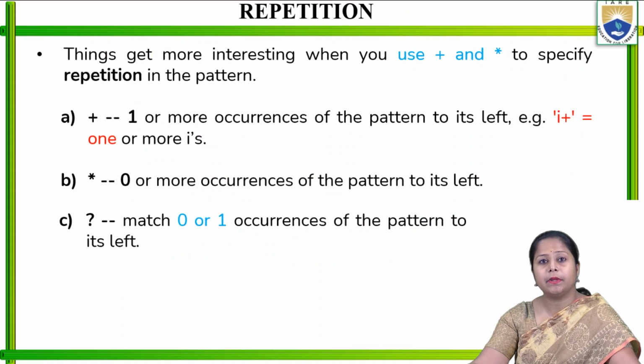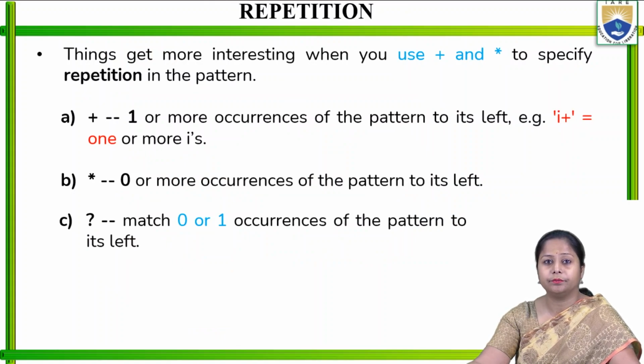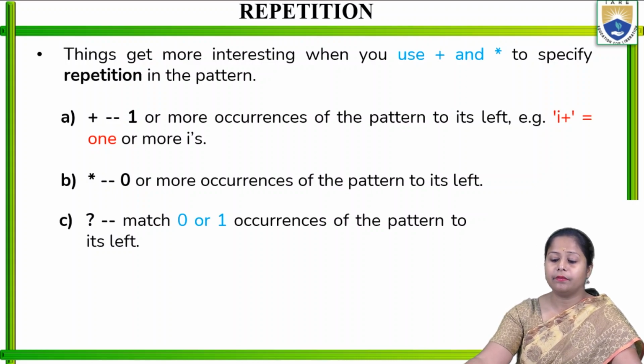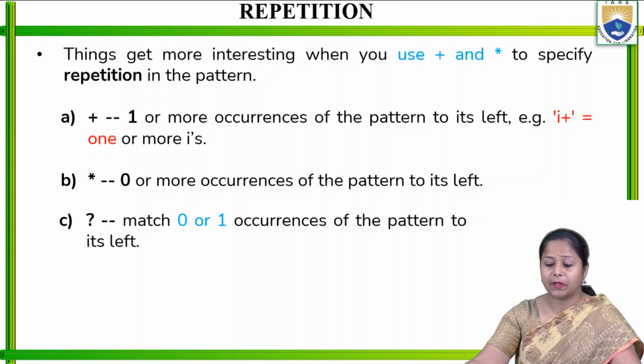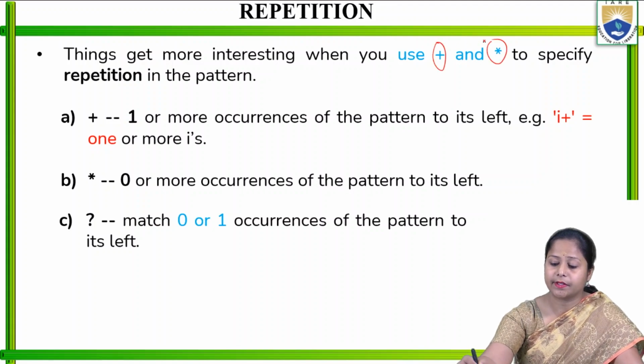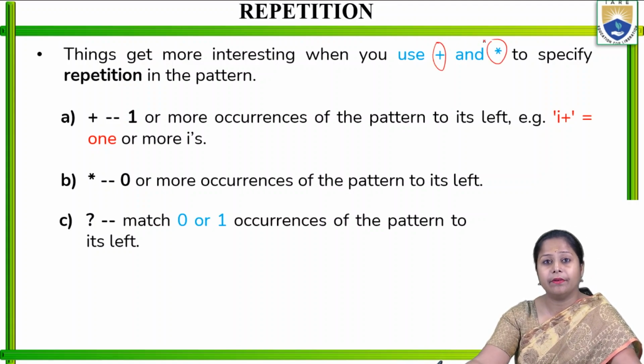Now the repetition method. In the repetition method, whenever we write a pattern, things get more interesting when you use the plus sign and the asterisk sign. Why do we do that? To specify repetition in that particular pattern for the string, right?